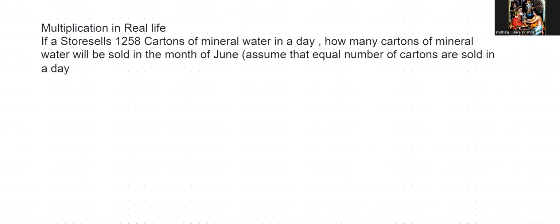The multiplication in real life. Okay. If a store sells 1,258 cartons of mineral water in a day, how many cartons of mineral water can be sold in the month of June? So assuming that equal number of cartons are sold in one day. Okay.